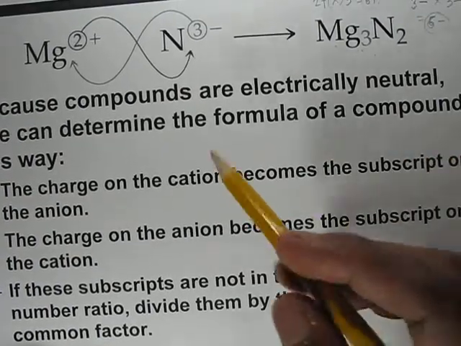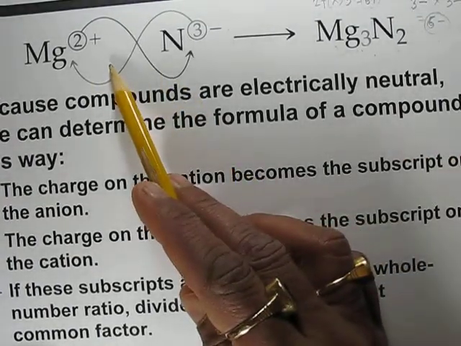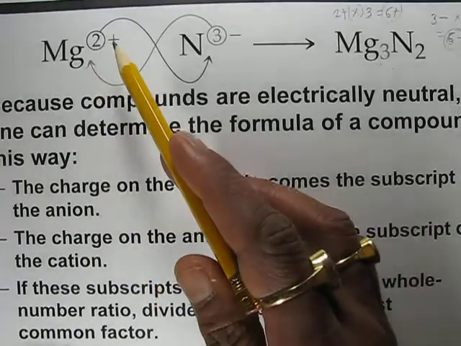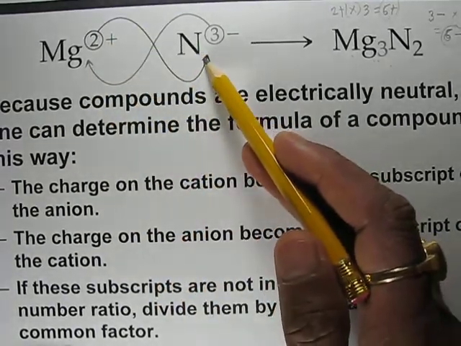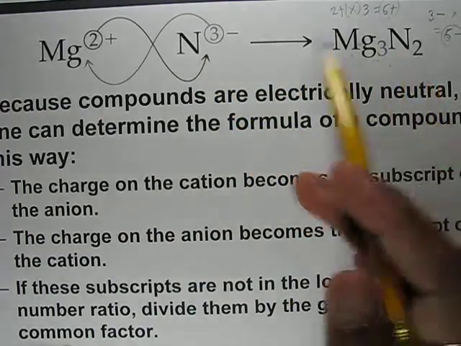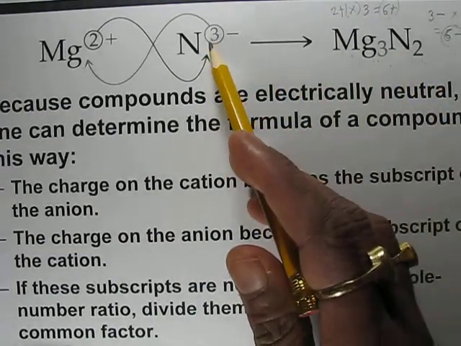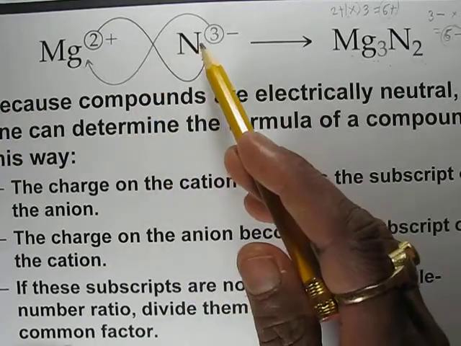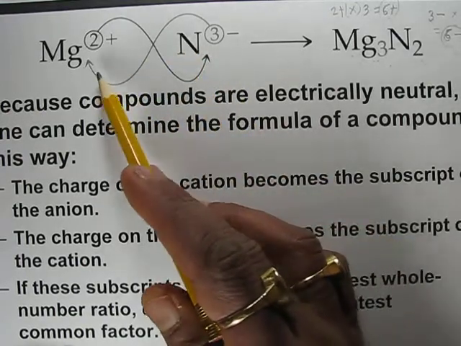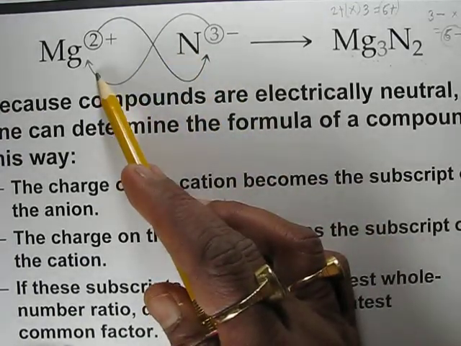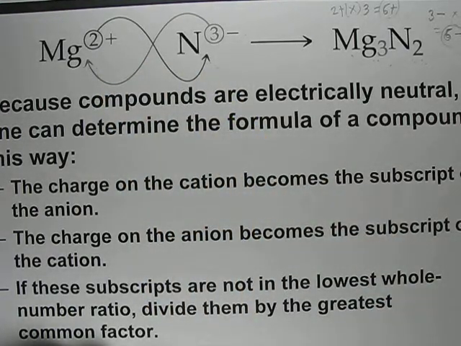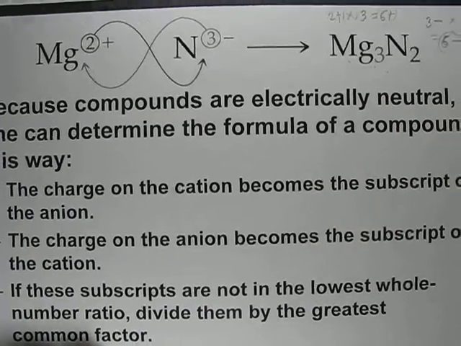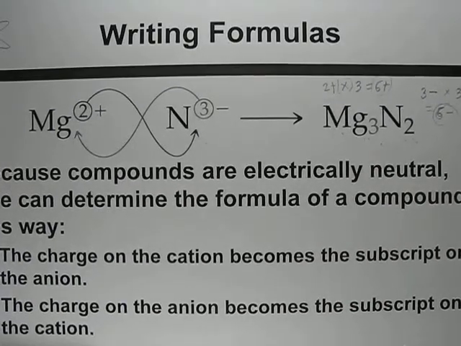That is why we move the positive charge to the end of the nitrogen as a subscript, and the anion charge goes at the end of the cation, and the cation charge will be at the end of the nitrogen anion. So this is the way we write the ionic formula.